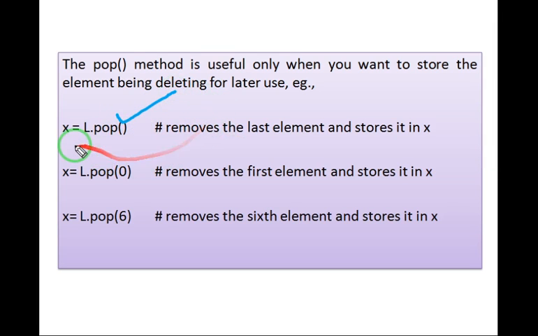The last element will be removed and it will be stored in X. If you write l.pop(0), the first element will be removed and it will be stored in this variable X. And if you write l.pop(6), it will remove the value which is present at index number 6 in the list L, and it will be stored in X. If you give l.pop() with nothing in the brackets, it will remove the value which is present in the last index and it will be stored in X. If you give the command l.pop(0), it will remove the first element and it will be stored in X.